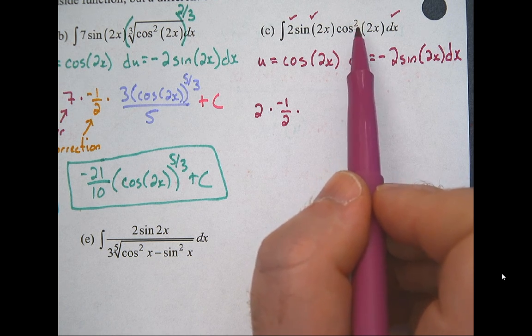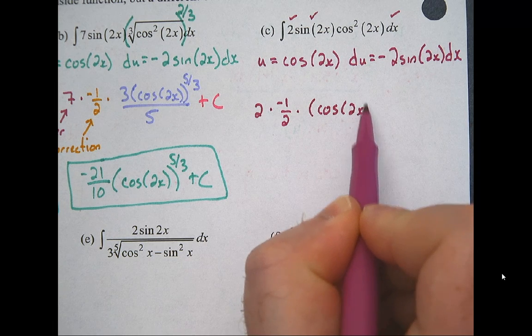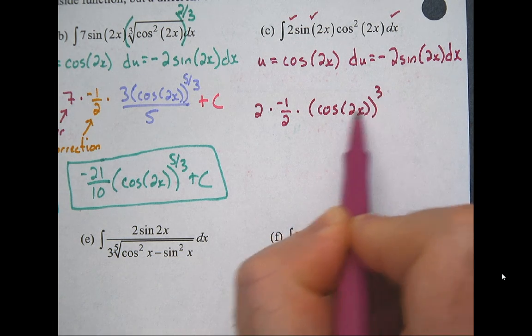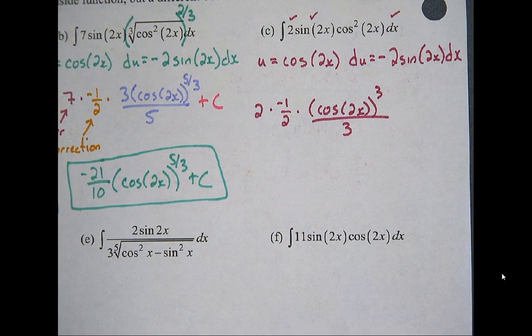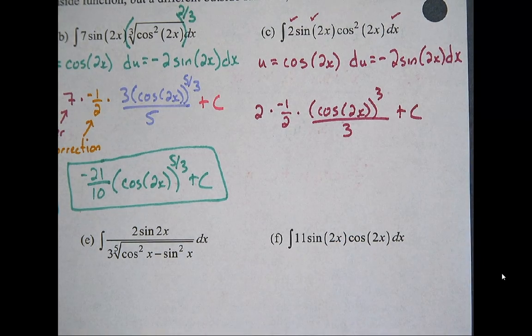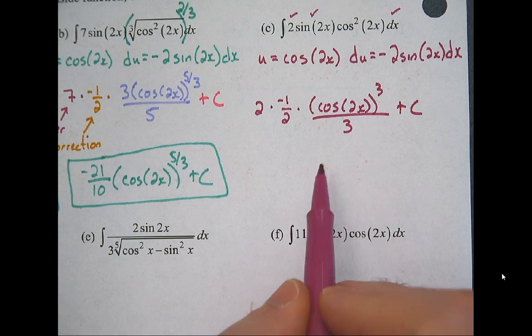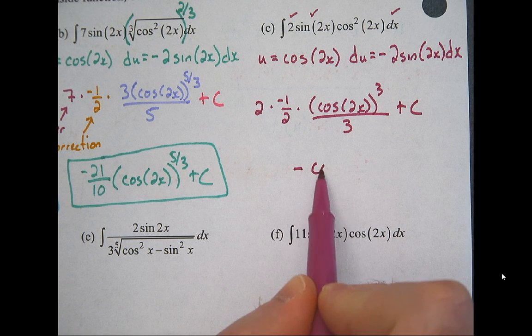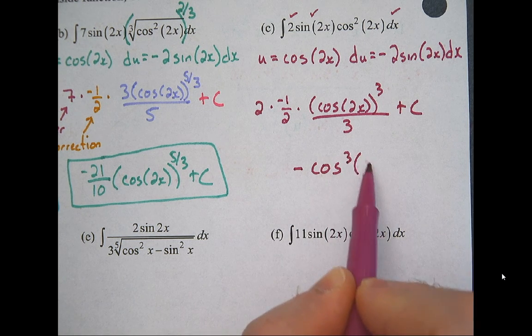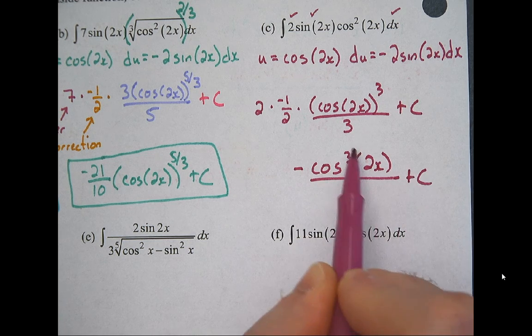So what's the integral of something squared? Something cubed over 3 plus c. Yay. Start to clean it up. 2 and 2, so I would get negative cosine cubed of 2x over 3 plus c.